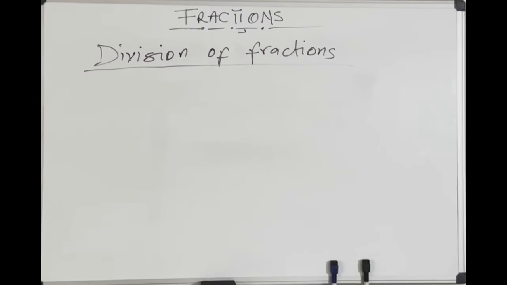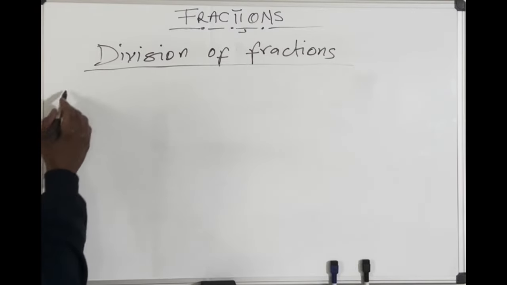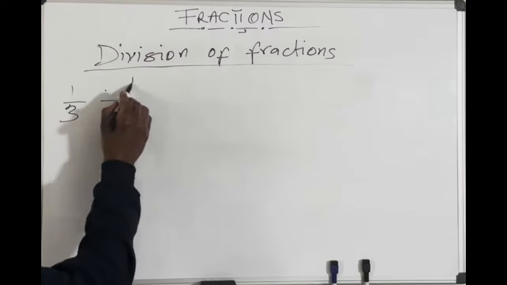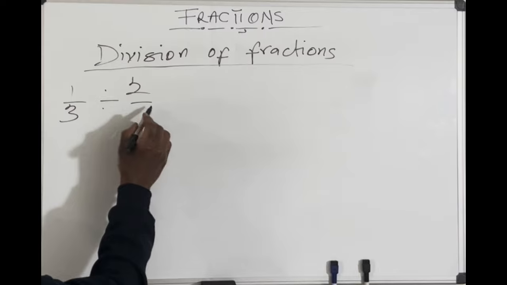We move to division of fractions, and in this type of fraction, in order for us to divide a fraction with a second fraction, we have to turn it upside down. So let me give you an example before you proceed to multiply. Let's say we have a question to be 1 over 3 divided by 2 over 5.